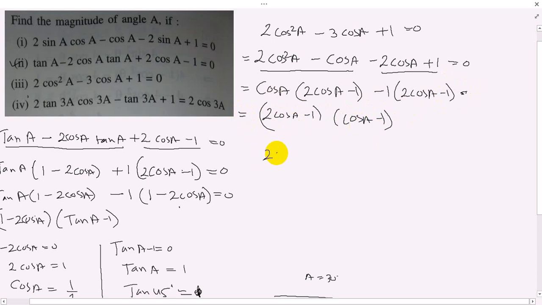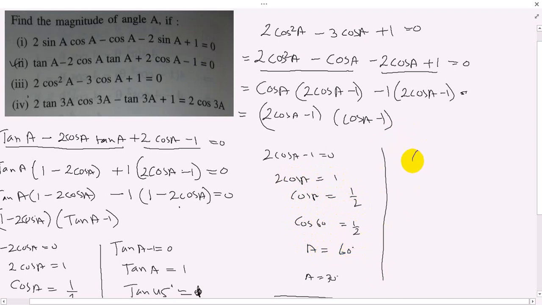So 2 cos A minus 1 is equal to 0, 2 cos A is equal to 1, cos A is equal to 1 by 2, and it is 60 degree. Cos 60 degree is equal to half, so A is equal to 60 degree.